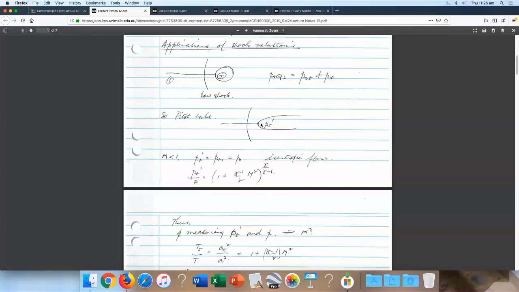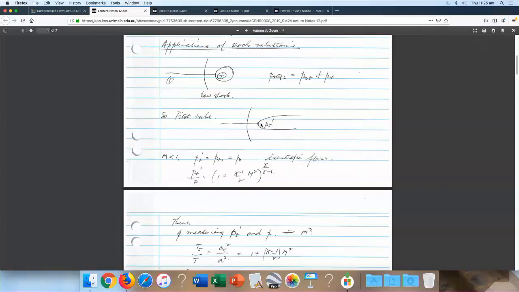So that's a perfect gas, P is rho to the gamma. So measuring Pt prime and P, you get the Mach number.